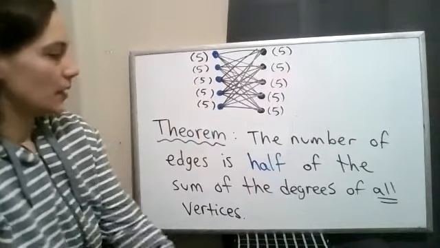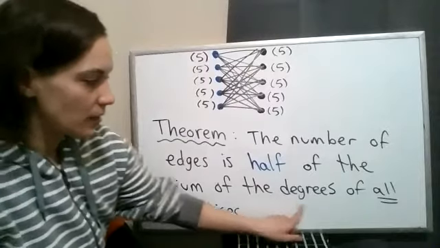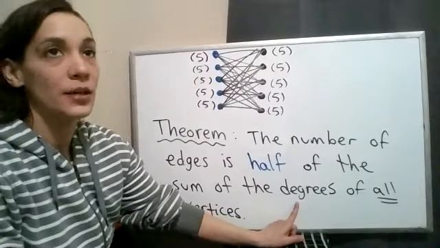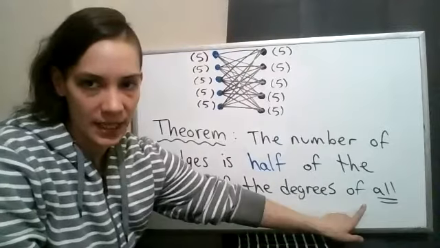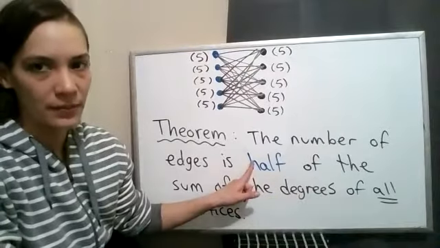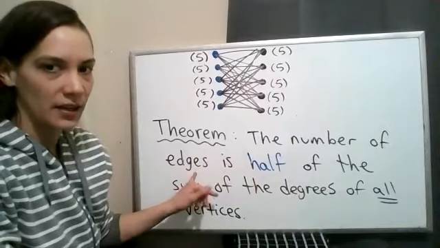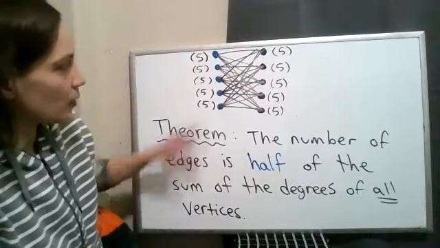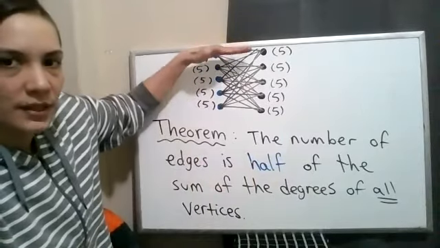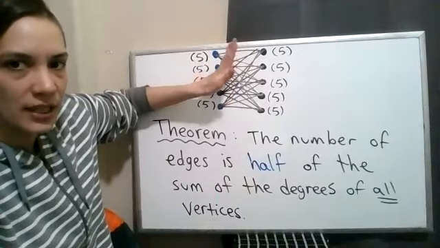So you have to be sure to find the degree of all vertices, add everything together, and then divide that by 2. That will tell you how many edges there are, which is what we want to know for this problem. The number of edges will tell us how many handshakes.